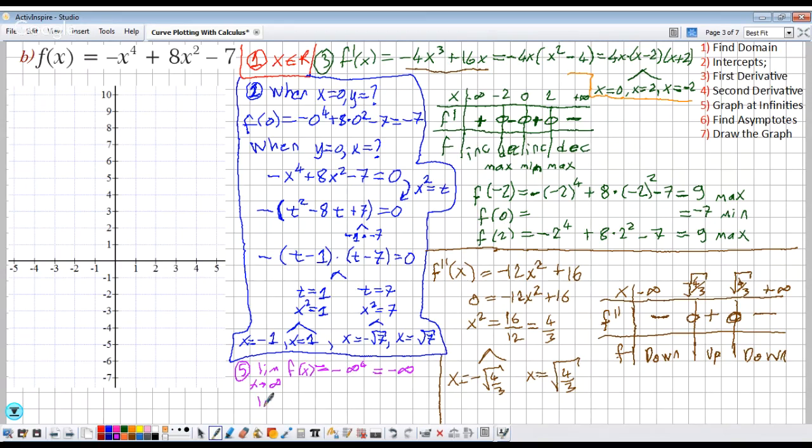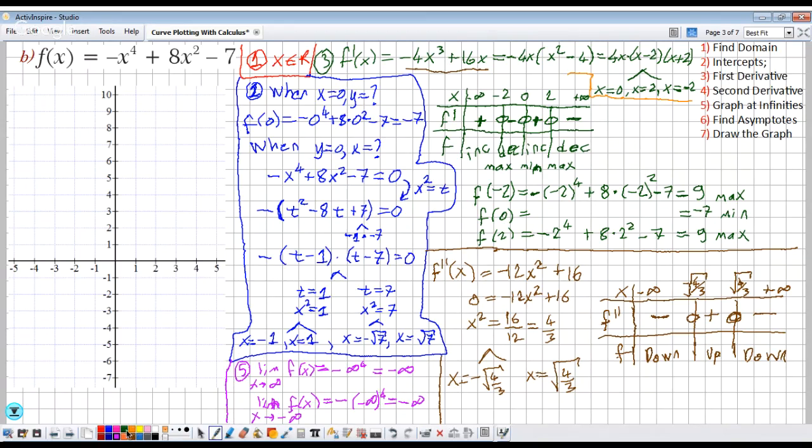Then if you do the checking for negative infinite, also limit as x approaches negative infinite of f of x, we should replace this negative infinite in the largest power, which is negative infinite to the power 4. Negative infinite to the power 4 will be a positive result, times minus, it will be negative infinite also.